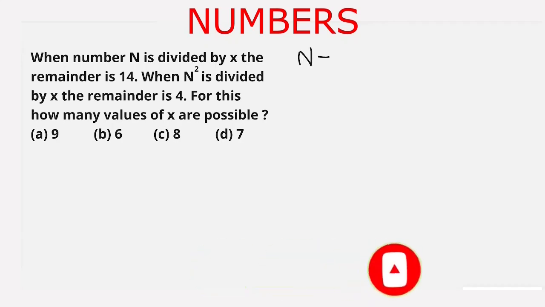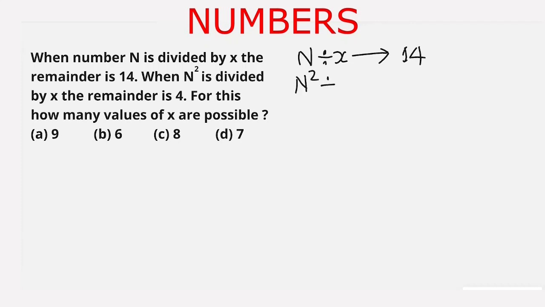When n is divided by x, the remainder is 14. Therefore, when n square is divided by x, then the remainder must be 14 square, that is equal to 196. But the remainder is 4.